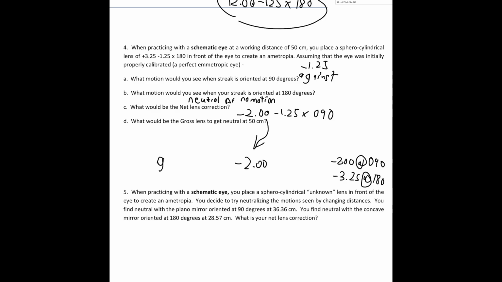Our gross is here, and our working distance is -2, and then we solve for gross, and that equals 0. So then our final answer would be PL, which is 0, -1.25. We're just keeping the axis and the sill, -1.25, axis 90.